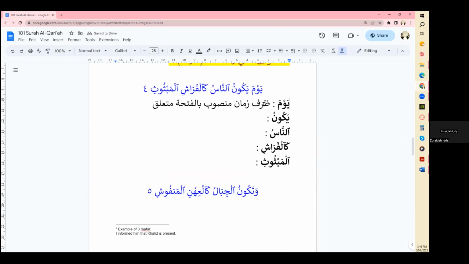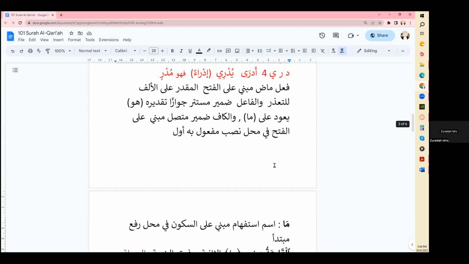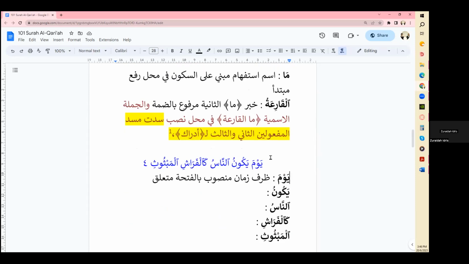When you have a sentence that appears to be a new sentence, and it's already mansub before anything else, there is a tendency to think of something before it. Because it's mansub, it's very likely a fi'il. If it was marfu, it could be the start of a sentence, because it can be a mubtada.